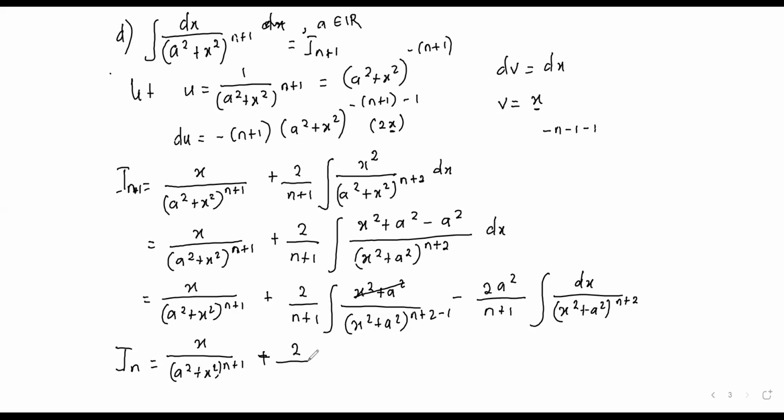So it's going to be 2 over n plus 1 times the integral of I_n, since it will be n plus 1, which is what we had here as our I_(n+1). So it will be I_n, and then minus 2a squared over n plus 1 times the other one, which remains the same, I_(n+1).